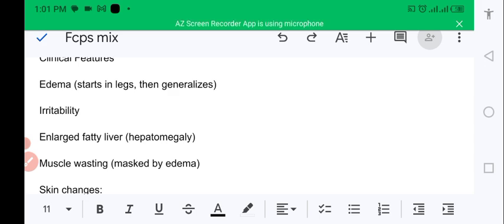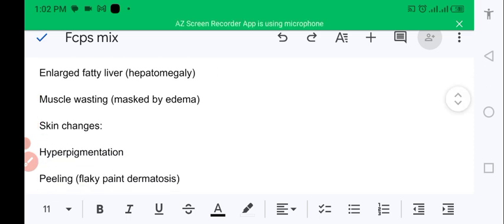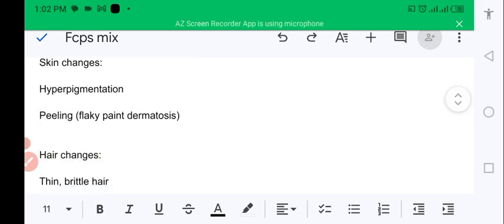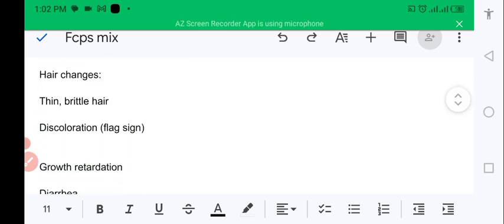Pedal edema will be there starting on the leg, then generalizes, with irritability. Baby can develop hypoglycemia, hypothermia, and ionic balance will be improper, and enlarged fatty liver, hepatomegaly, and muscle wasting marked by edema will be there. Hyperpigmentation, peeling of skin, dermatosis will be present in this condition, and hair changes, brittle hair, weakness and discoloration will be there in the babies.